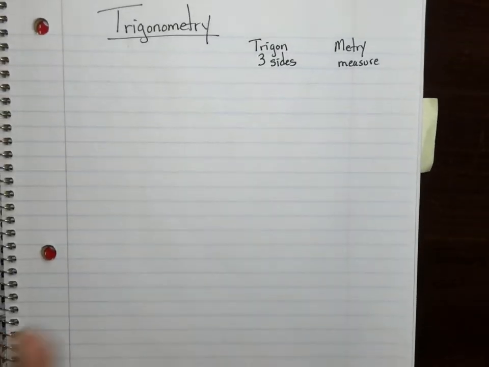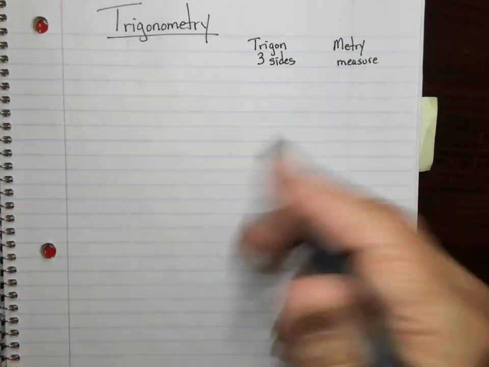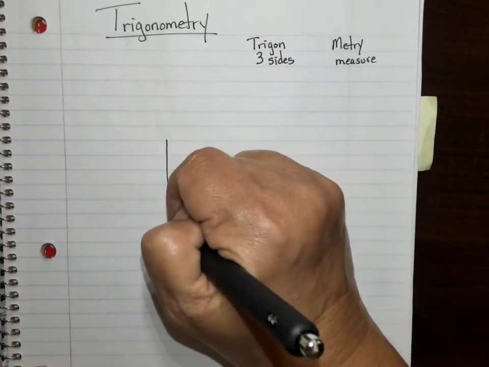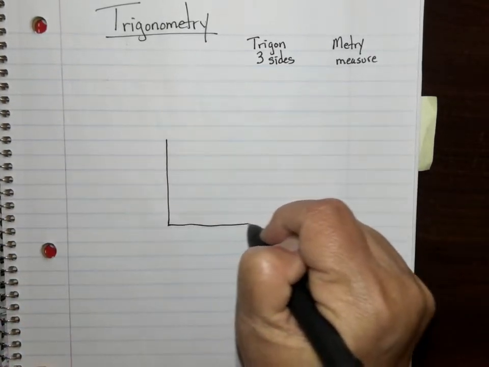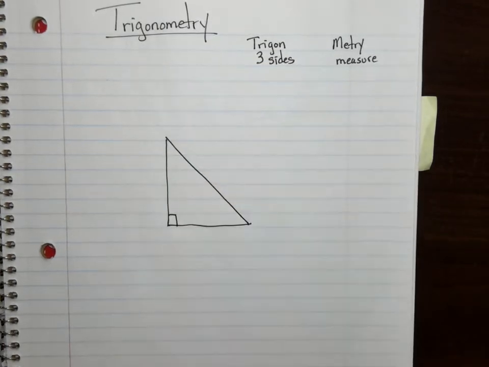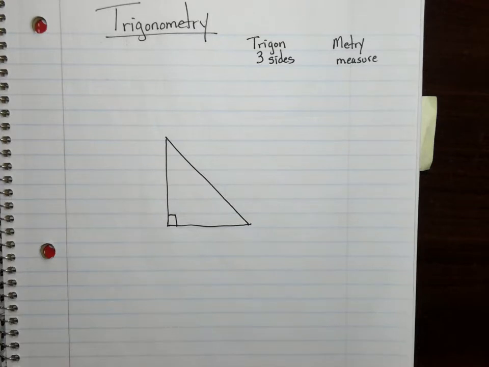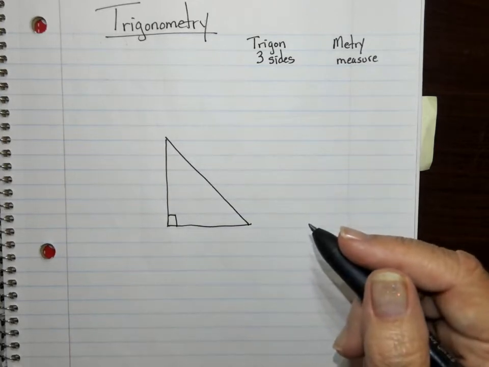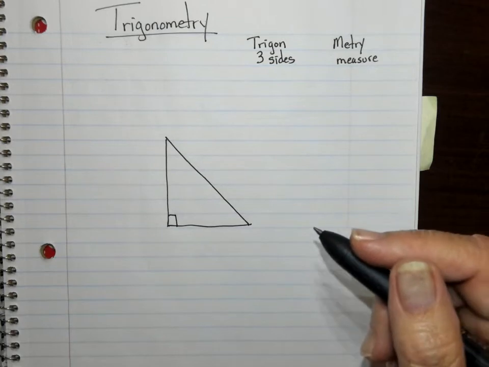So in the middle part of your page, I need you to draw a pretty nice sized right triangle, like so. And we're going to start with one thing we know already.